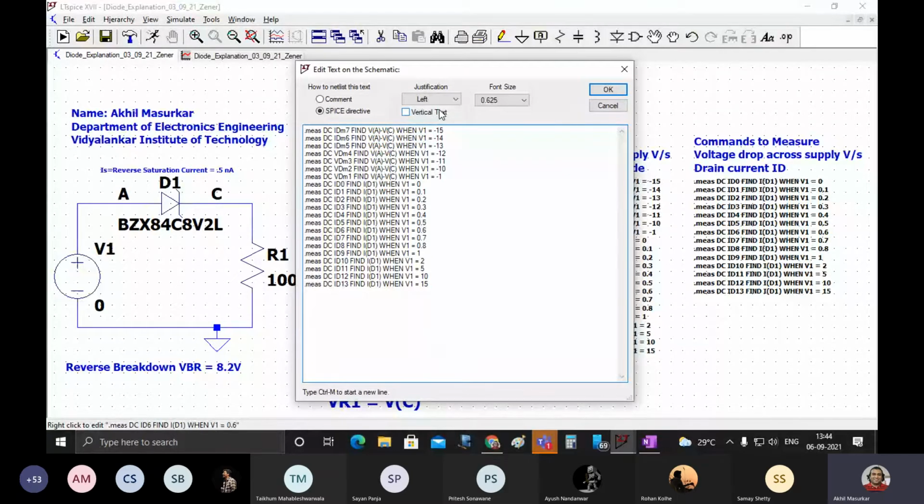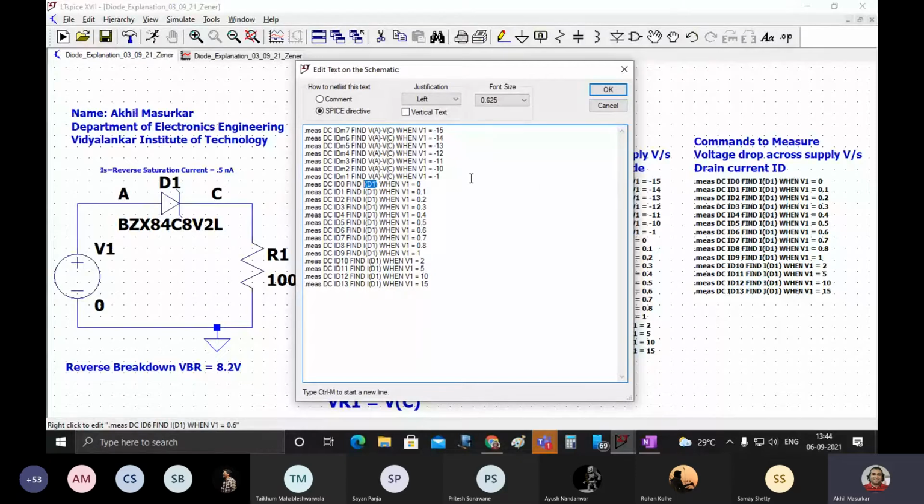Here I have ID, here I have ID, and VA minus VC.